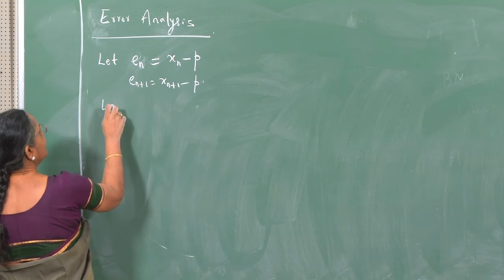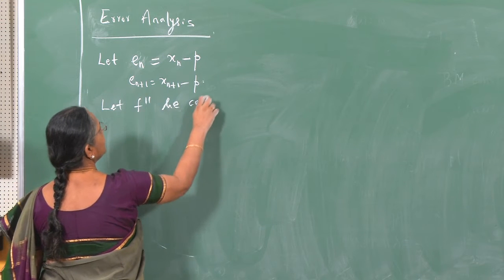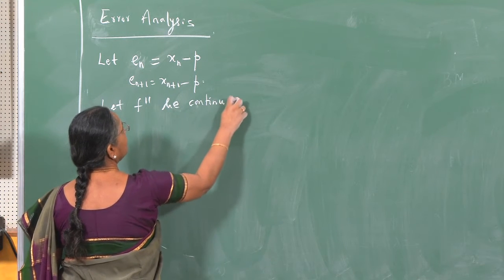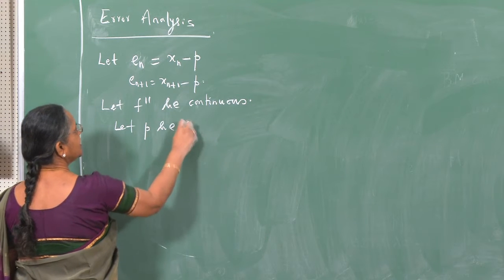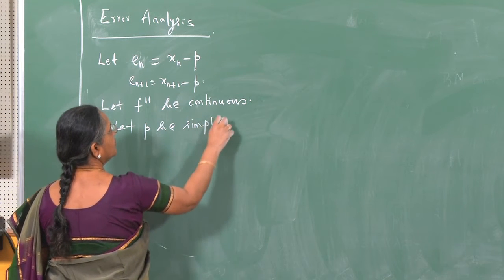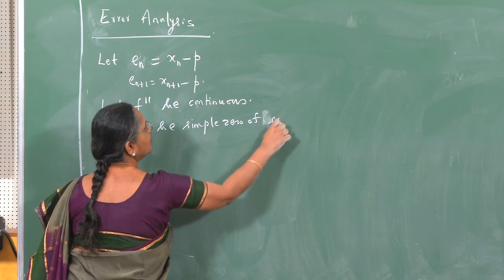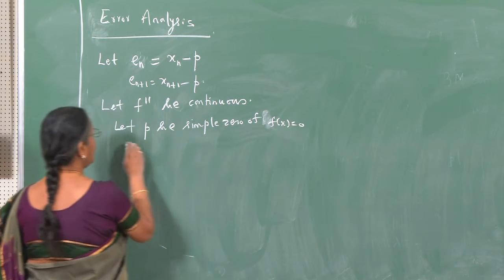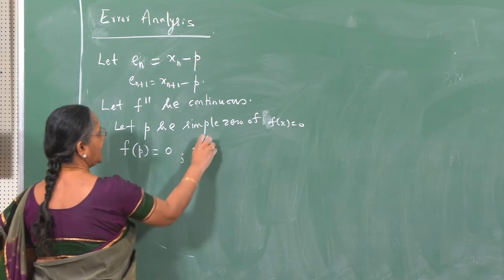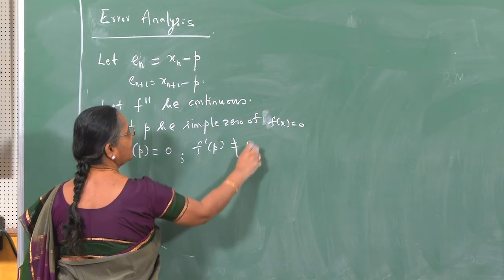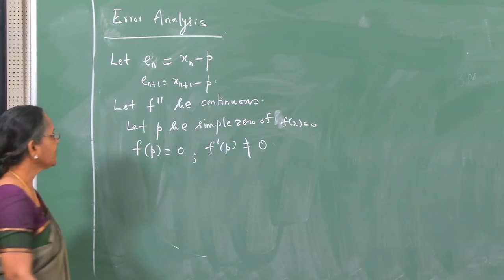Let us assume that f double dashed be continuous and let p be a simple 0 of the equation f of x is equal to 0. What does that mean? F at p is 0, but f dashed at p is different from 0, because p is a simple 0 of the equation.